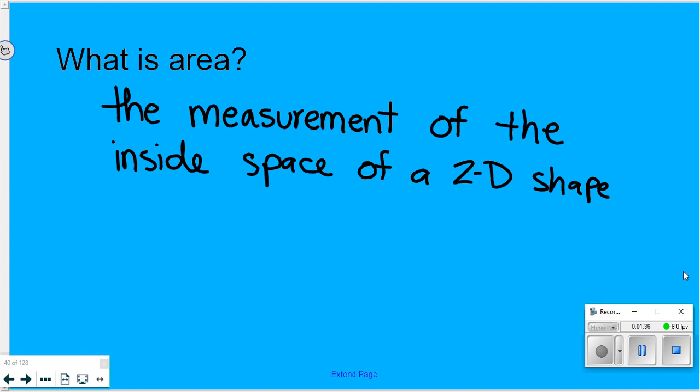We're looking at that inside space. How much space something takes up.